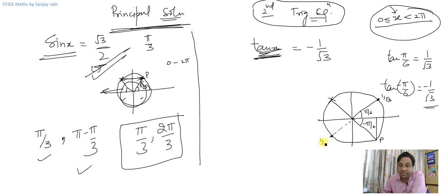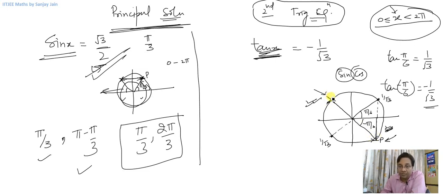I would have got it here also, 1 by root 3. But now I need minus 1 by root 3. So it can be here at this position and here, because sine and cos have different signs in this quadrant and this quadrant. In this quadrant, sine is negative, cos is positive, and in this quadrant, cos is negative and sine is positive. So tan will be negative in these two quadrants. So these are two positions that I am looking for.